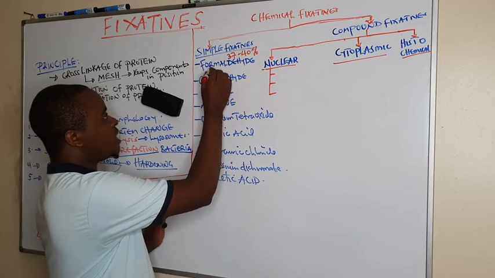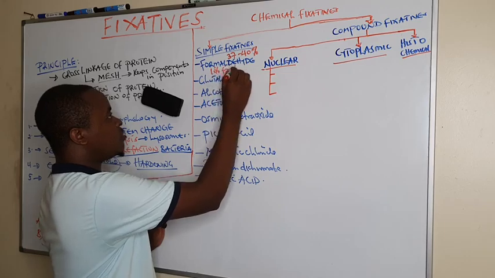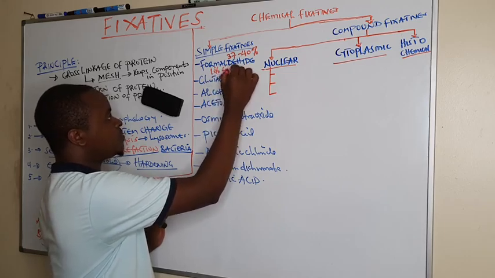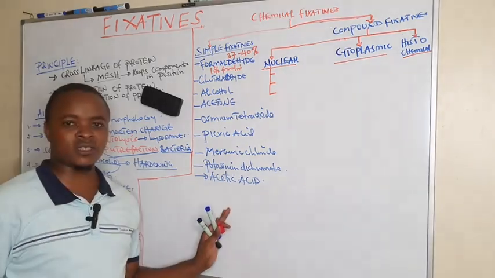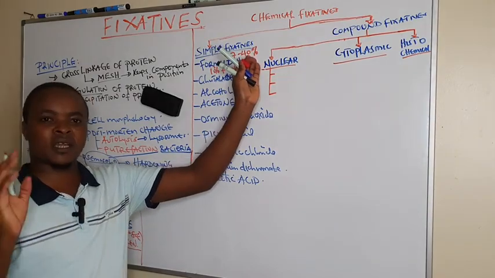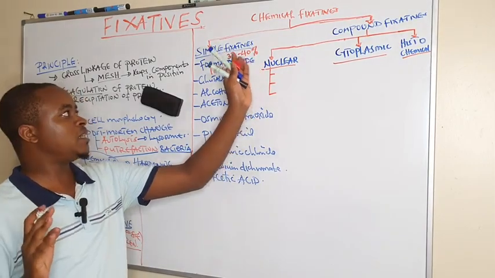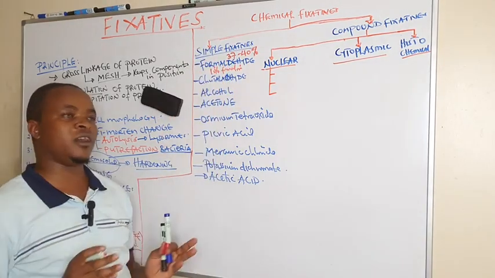During fixing, we normally use 10% formalin or neutral formalin. 10% formalin is the one commonly used. So during preparation, we take this 37 to 40 as 100%.